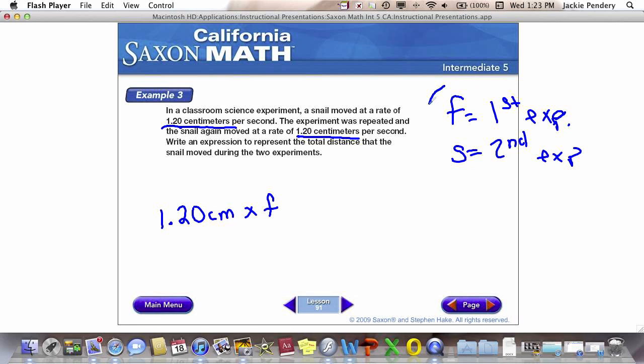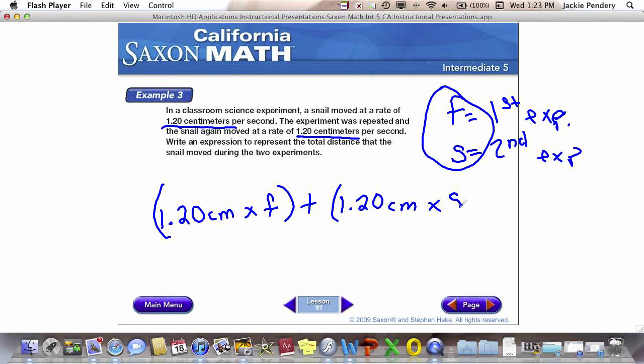These both represent time that they moved. So how fast they moved times their time, put these in parentheses, plus 1.20 centimeters again, times S, the amount of time they moved for the second time. And this will equal the total distance.